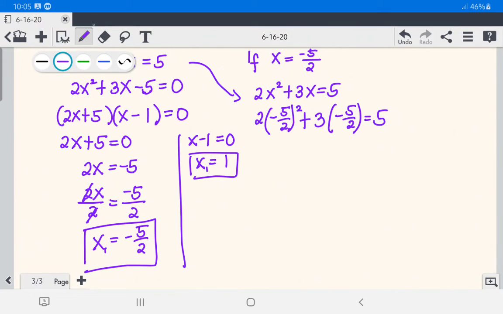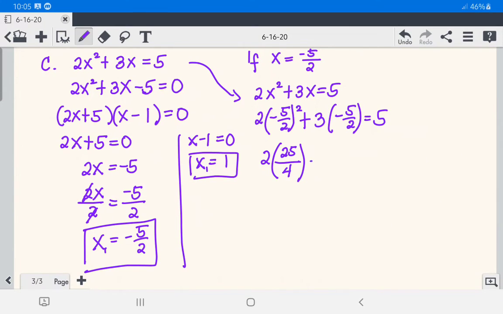The next, we have to simplify first the numbers inside the parentheses. So we have 2 times negative 5 squared, or negative 5 times negative 5, that is positive 25, over 2 squared, that is 4. Then 3 times negative 5 over 2.